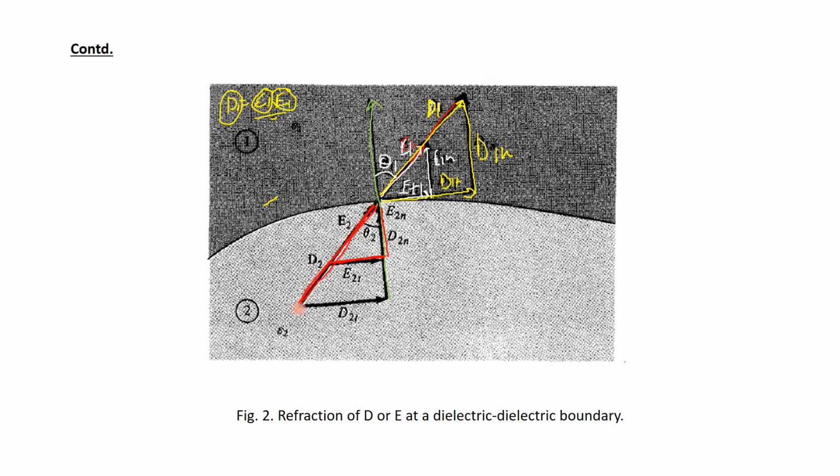D will be the bigger one, D2. This one in total is D2. This is D2t, the tangential component. This is the normal component. Since this touches the normal, this angle is theta 2, suppose. So both have different angles. Theta 1 is not equal to theta 2 because epsilon 1 is not equal to epsilon 2. So there is some refraction.